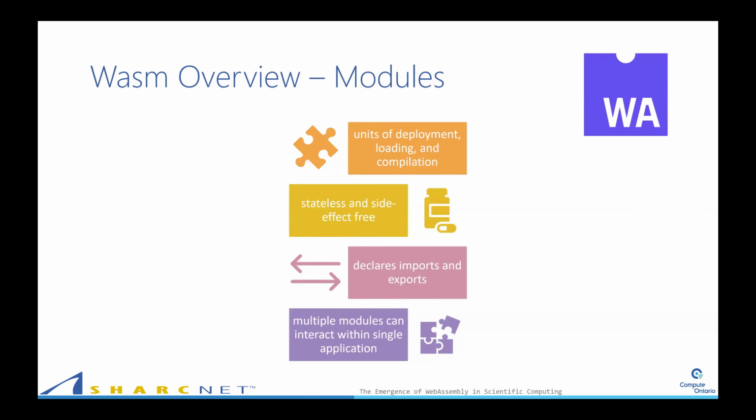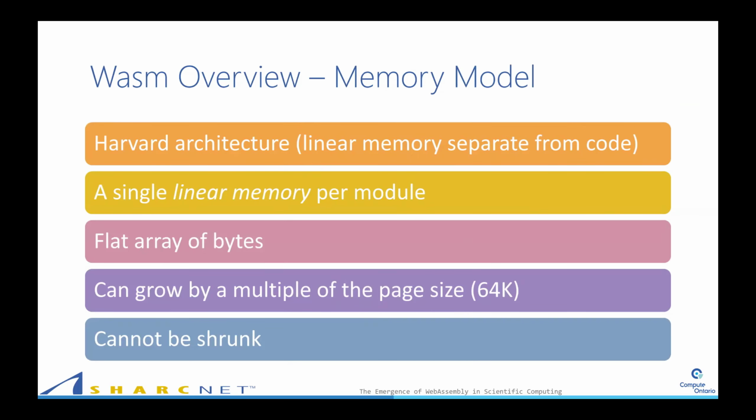But what are Wasm modules? Wasm modules are units of deployment, loading, and compilation. They are stateless and side effect free and can declare imports and exports. Multiple modules can interact within a single application. And a little bit about the memory model that Wasm uses.